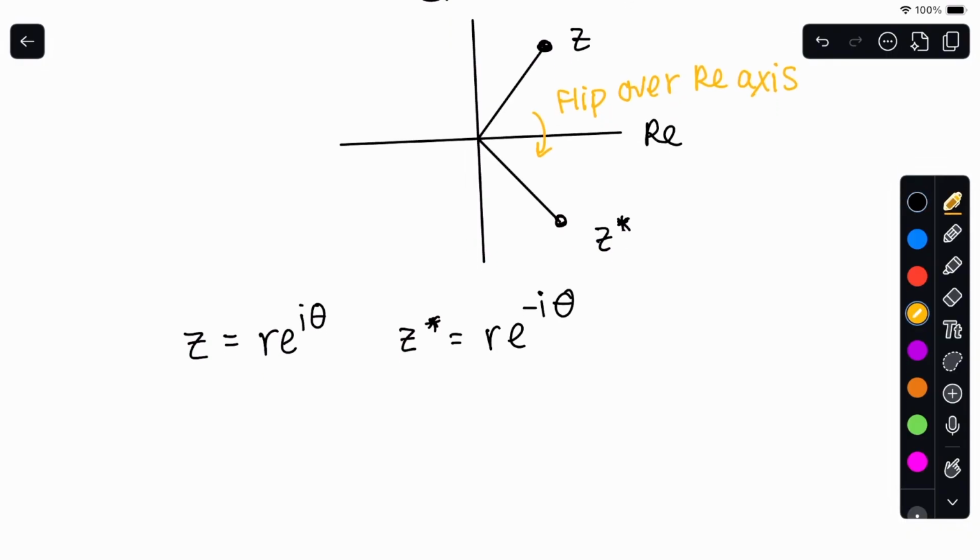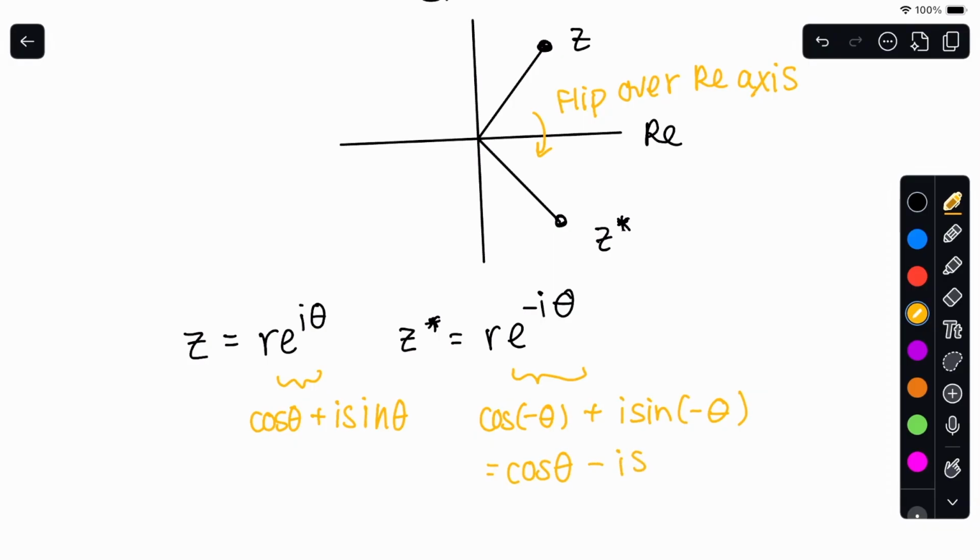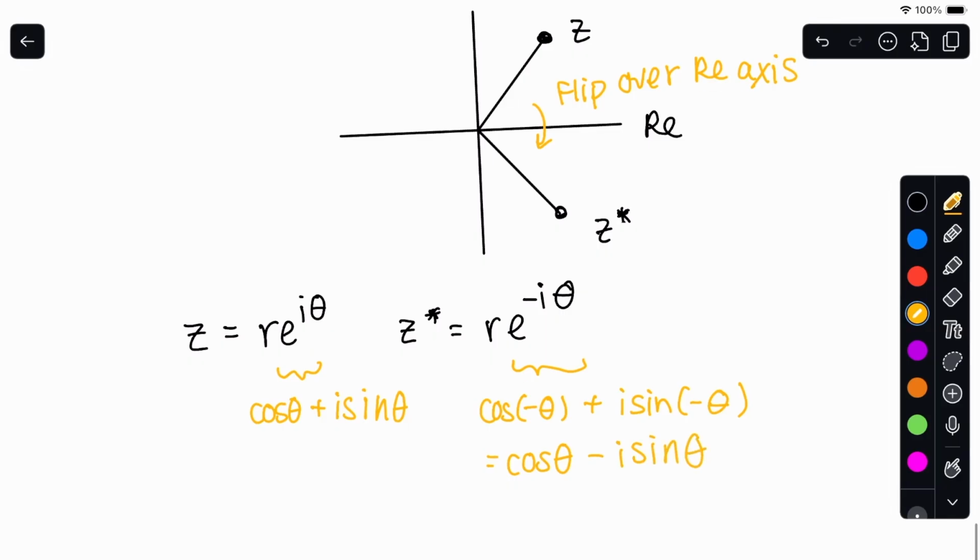And we can double check on this, because this here is cosine theta plus I sine theta, and this here is going to be cosine of minus theta plus I sine of minus theta. And cosine of minus x is cosine x, so this is just going to be cosine theta. But sine will flip its sign, so this will be minus I sine theta. So you can see that this satisfies being a complex conjugate.